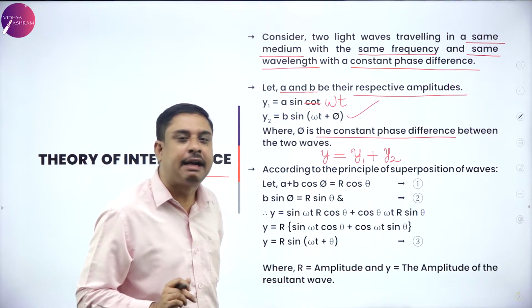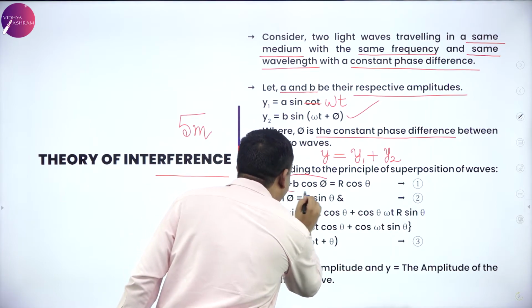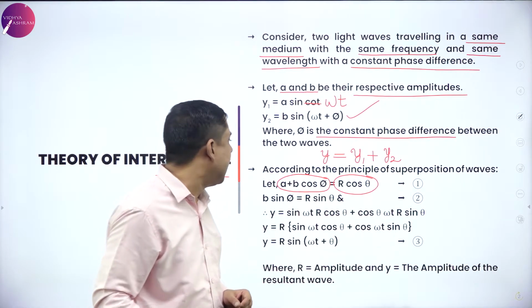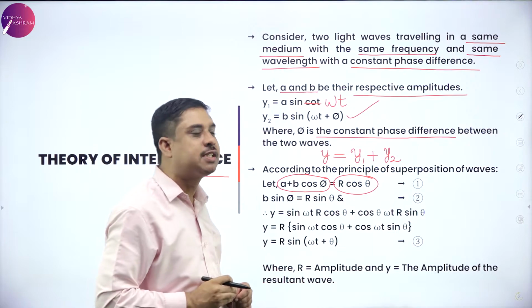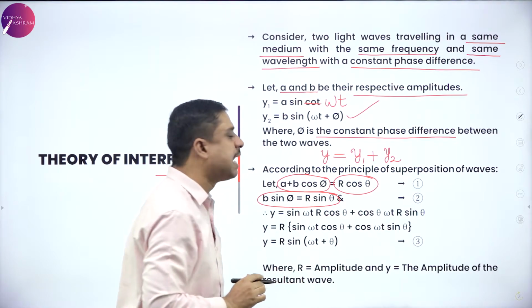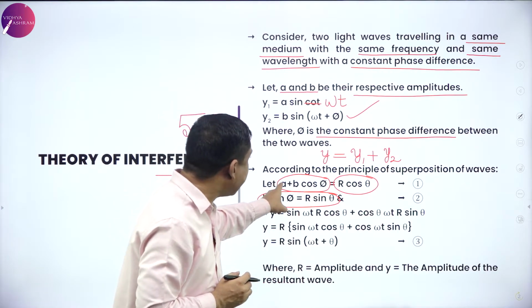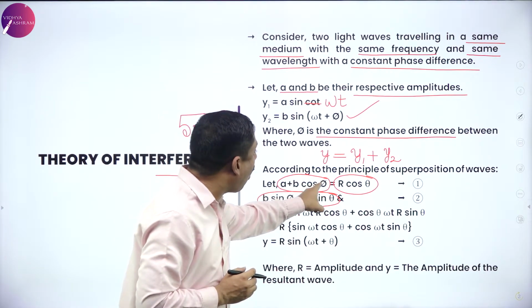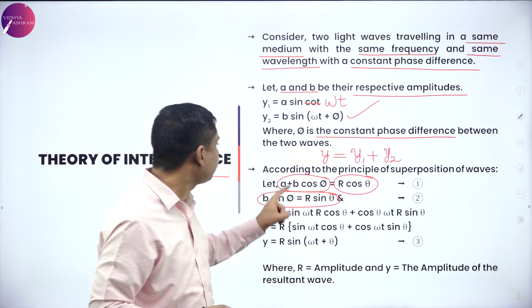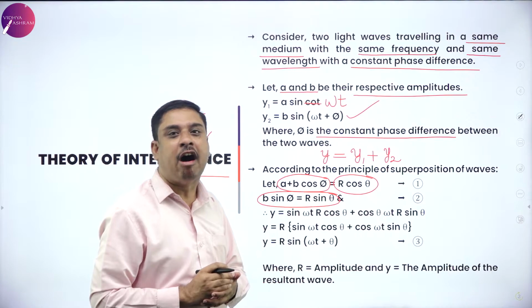Now I make a condition. The condition is A plus B cos phi is represented by R cos theta. B sin phi is represented by R sin theta.